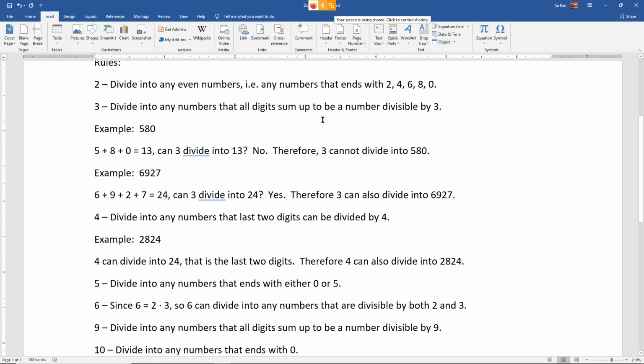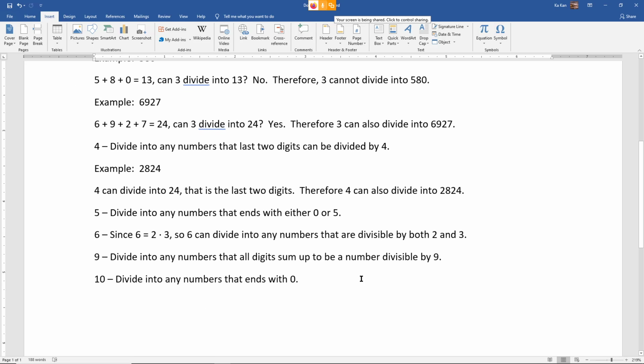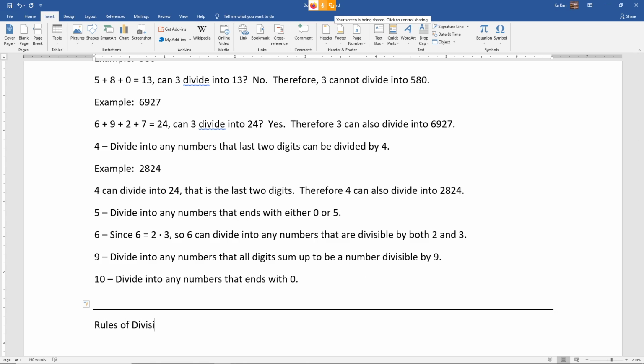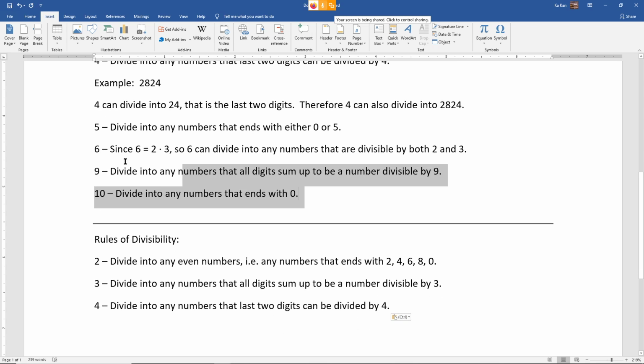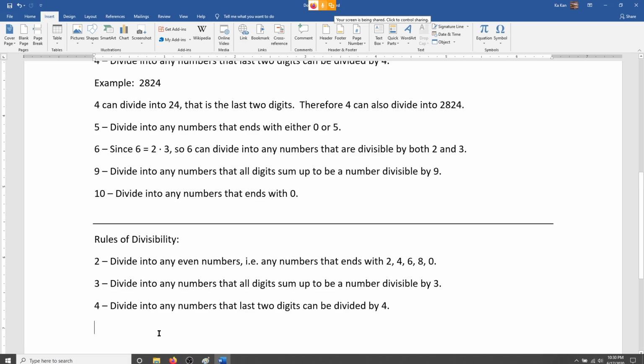Let me copy that to the bottom. Rules of divisibility. These two, and then the 4, and then these guys.